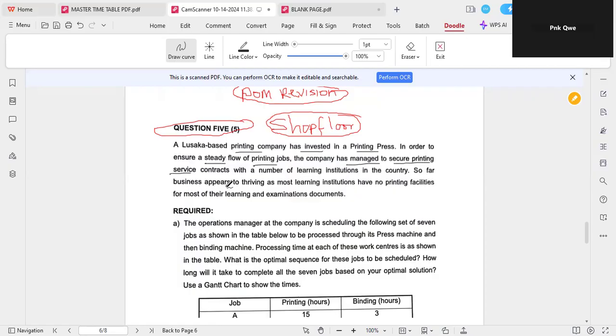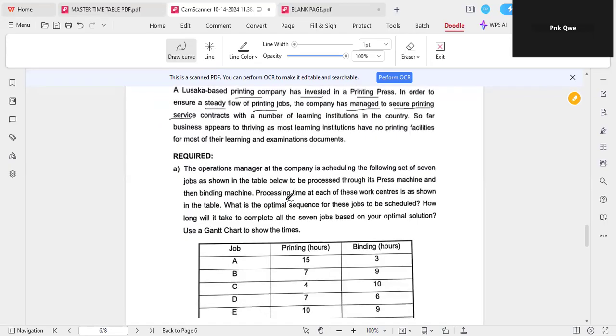So far, the business appears to be thriving as most learning institutions have no printing facilities for most of their learning and examinations documents required. The operations manager at the company is scheduling the following set of 7 jobs, as shown in the table below, to process through its press machine and then the binding machine.